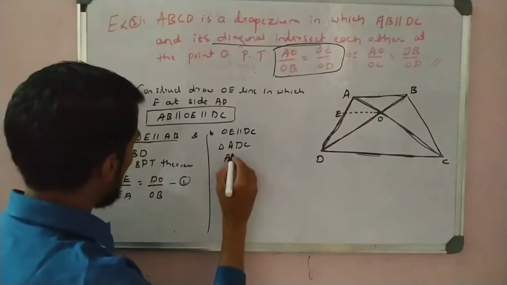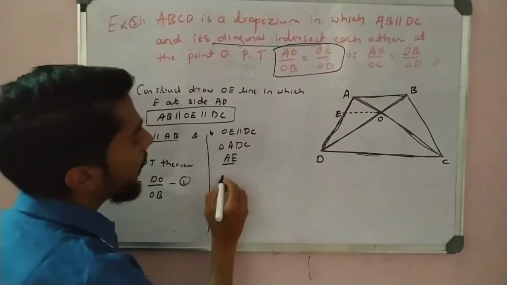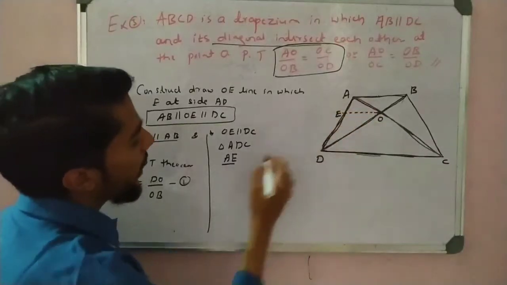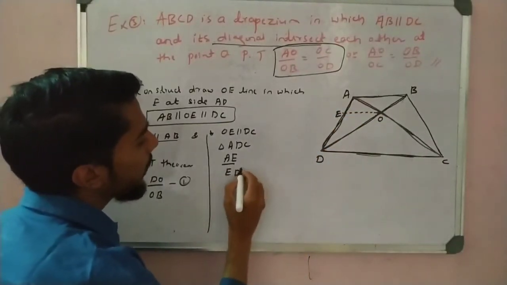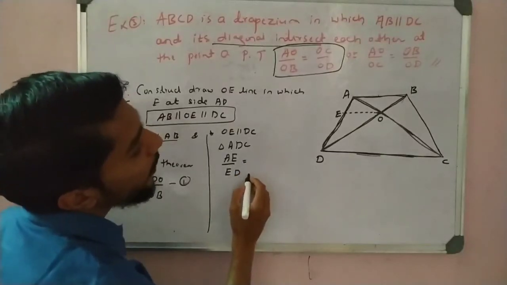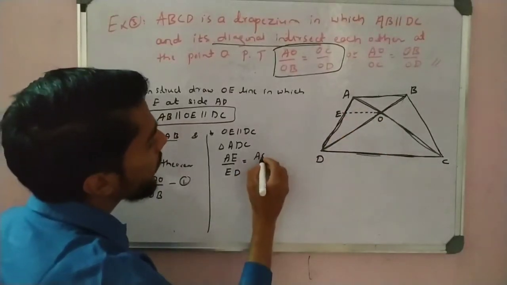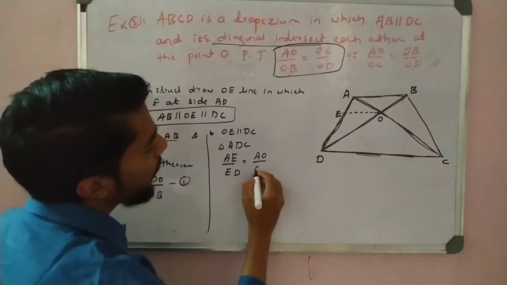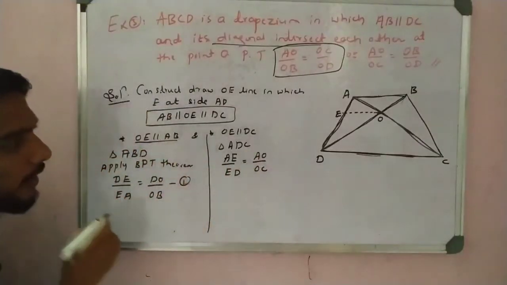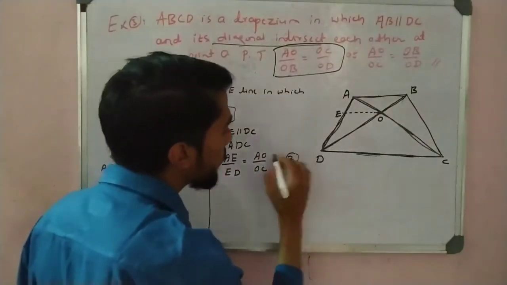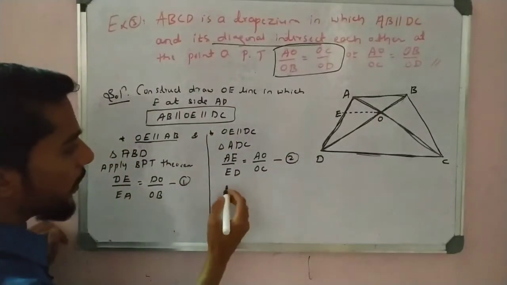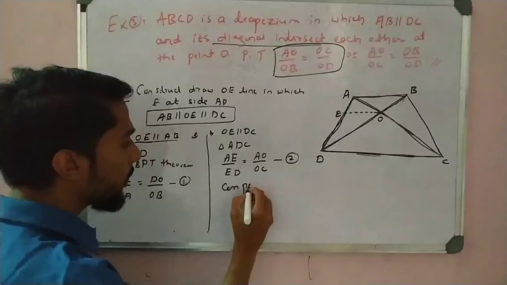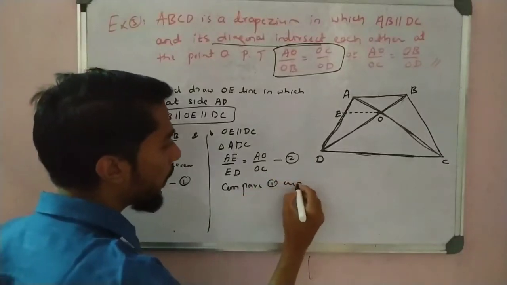OE is parallel to DC, so AE by ED is equal to AO by OC, correct? Now let us see, this is equation number 2. Now compare equation 1 and 2.